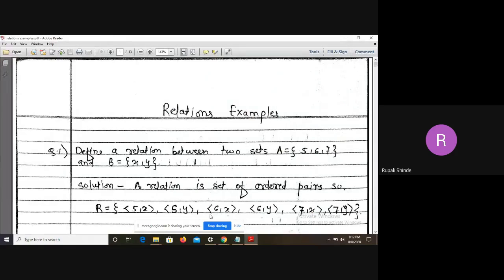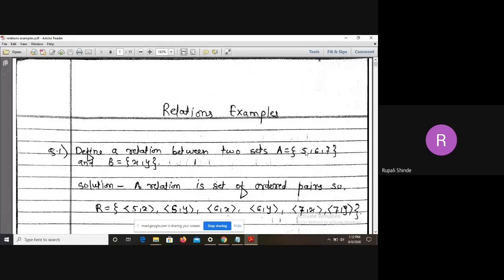Yesterday only we have seen relation is set of ordered pairs. Now from these two sets we have to form ordered pairs and collection of all these ordered pairs form a relation.